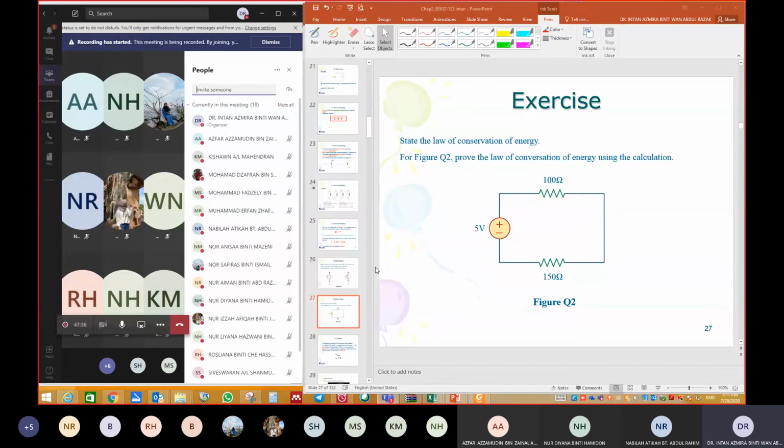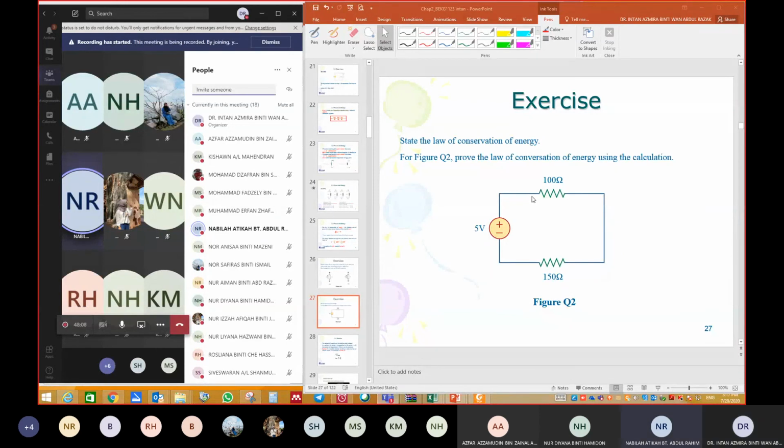Nabila Atika. How to calculate the power absorbed by 100 ohm? Doctor, the answer is 0.25. 0.25, how did you calculate?